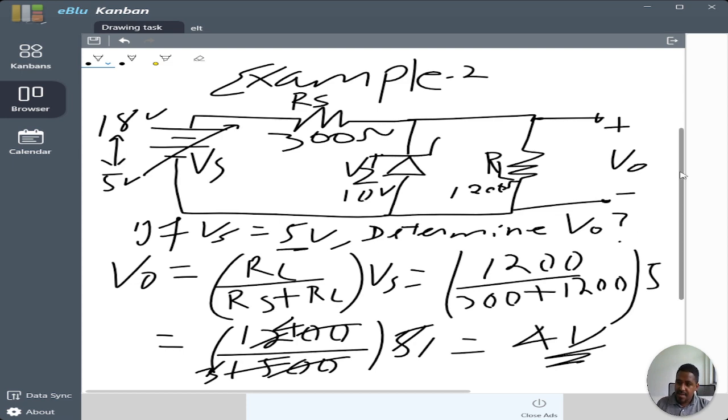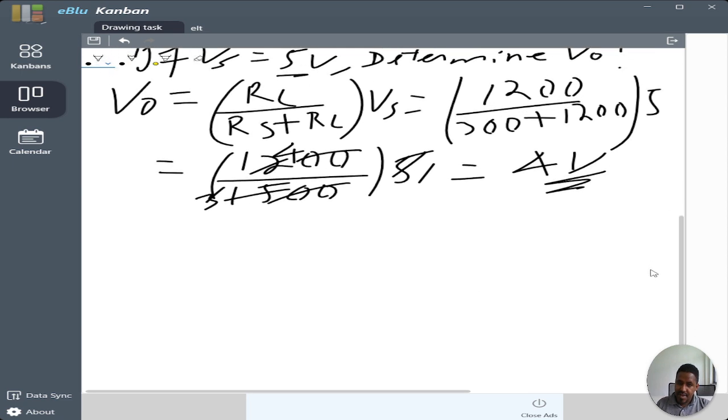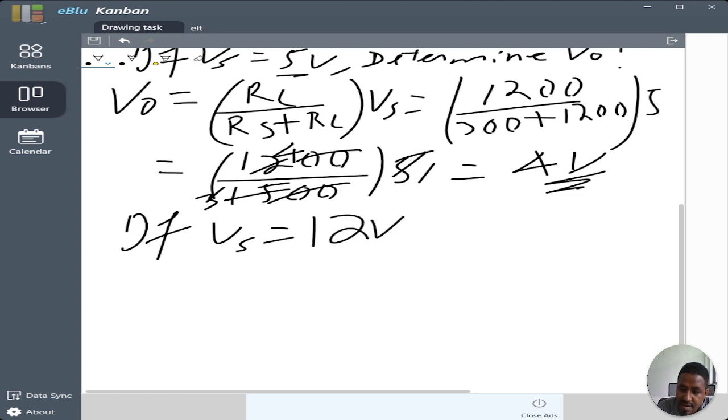So let's again try if Vs is equal to 12 volt. What about V out?